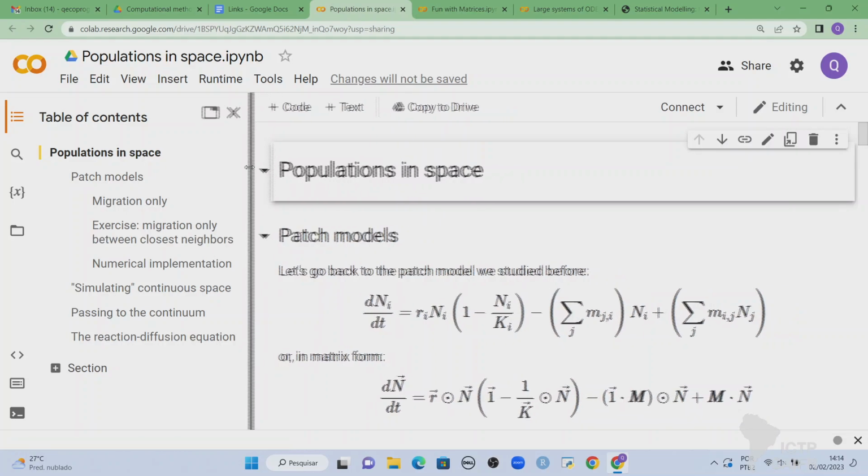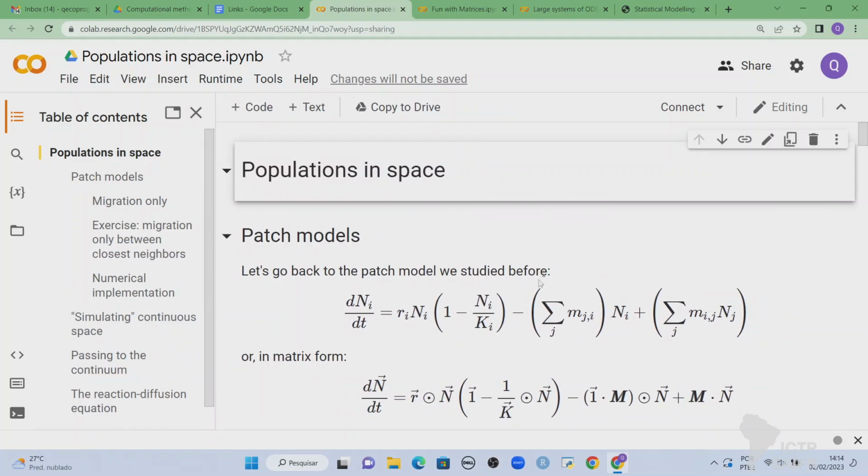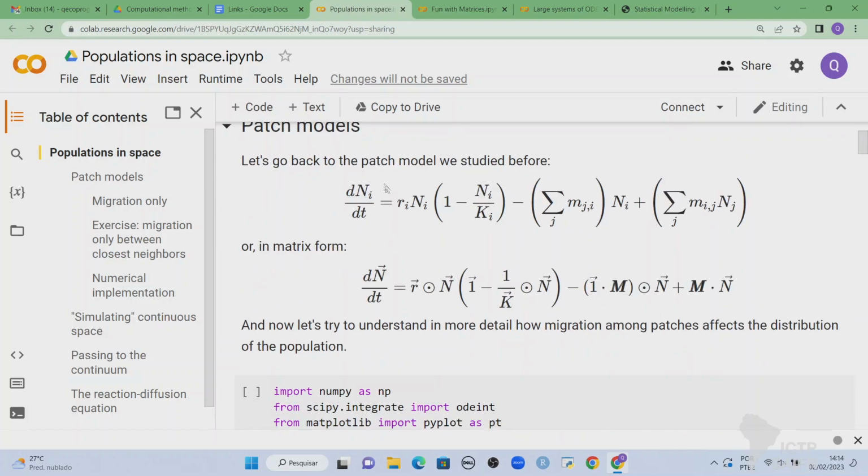I think we had already gone into a bit of detail about this model. Each patch i has a logistic growth, and then it sends emigrants out to other patches with a rate of M_ji, meaning individuals leaving patch i, arriving at patch j.